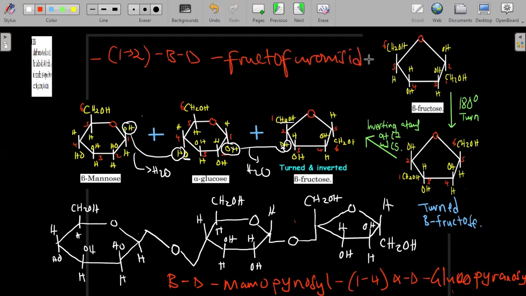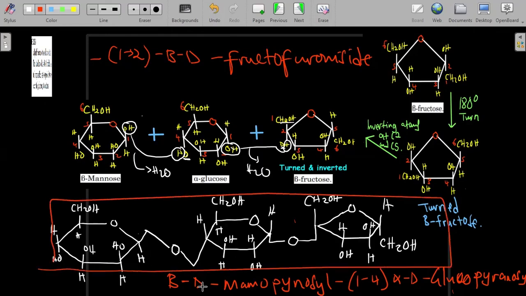So it's a long name like that. The name of this oligosaccharide that we've drawn there is beta D mannopyranose 1 to 4, alpha D glucopyranose 1 to 2, beta D fructopyranoside.